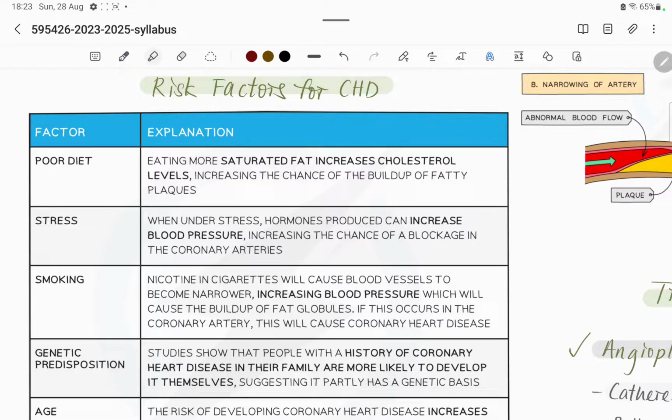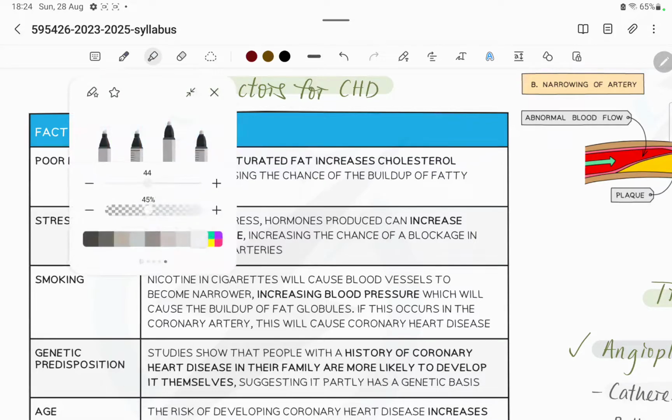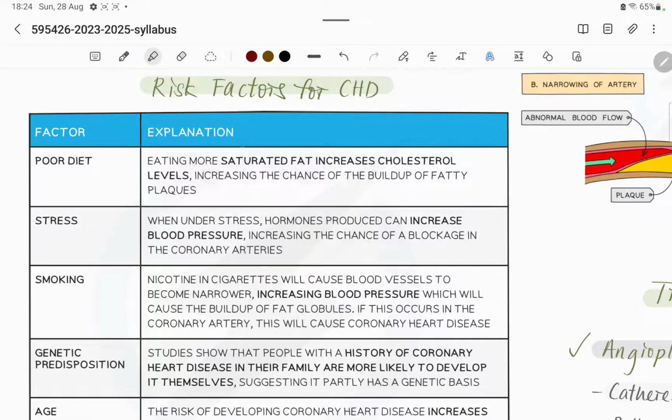More saturated fats, and then the cholesterol level increases. Then the chance of the build-up of fatty plaques will increase.